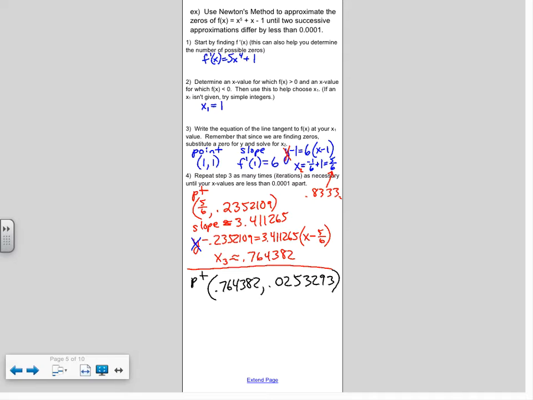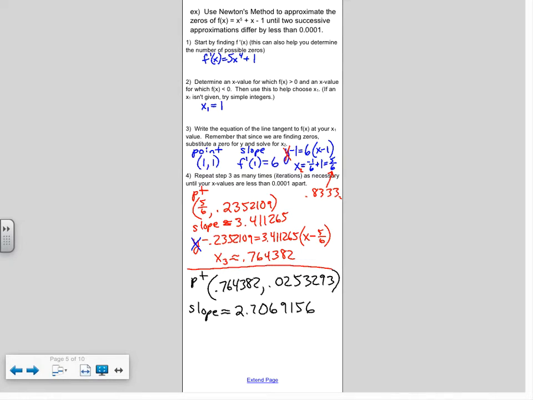And we know that we're getting close because our y value is getting much closer to 0. And if we plug that into our first derivative, we get a slope of 2.7069156.